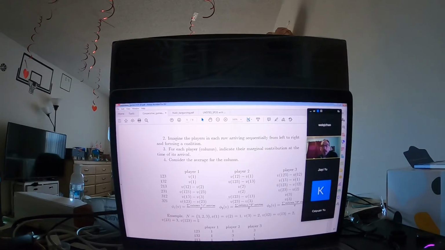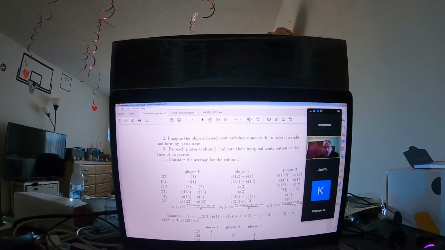Okay? And to demonstrate that the Shapley value satisfies Pareto optimality in this case, this is the award to player one, this is the award to player two, and this is the payoff, the award to player three. And the claim is that if we add up those three, we get the event. So what we're doing here is, in order to determine player one's Shapley value, we're adding up these marginal contributions and taking the average.